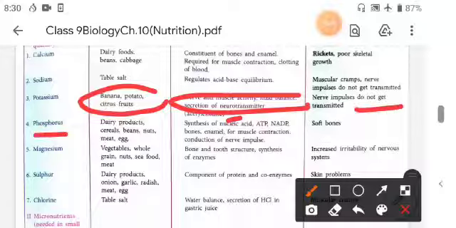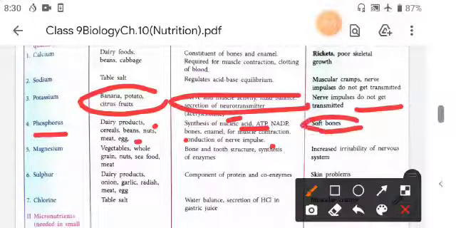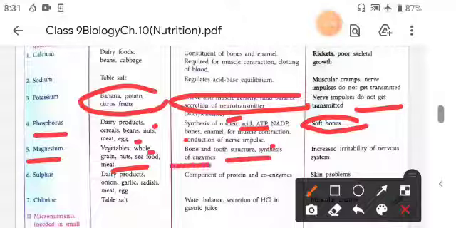And phosphorus is found in dairy products, cereals, beans, nuts, meat, eggs, and it acts in the synthesis of nucleic acid, ATP and NADP, in bones and enamels, for muscle contraction, and in the conduction of nerve impulse. In absence of phosphorus, bones will be soft. Next is magnesium. It is found in vegetables, whole grains, nuts, seafoods and meat, and the function is bone and tooth structure and synthesis of enzymes.